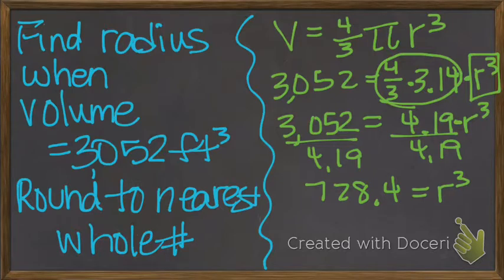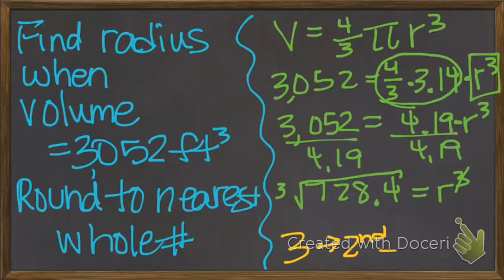And what I need to do then is take the cube root of 728.4. That gets rid of my cube. If I remember in my calculator to do that, I push 3, then second, caret, and then I put in my 728.4.